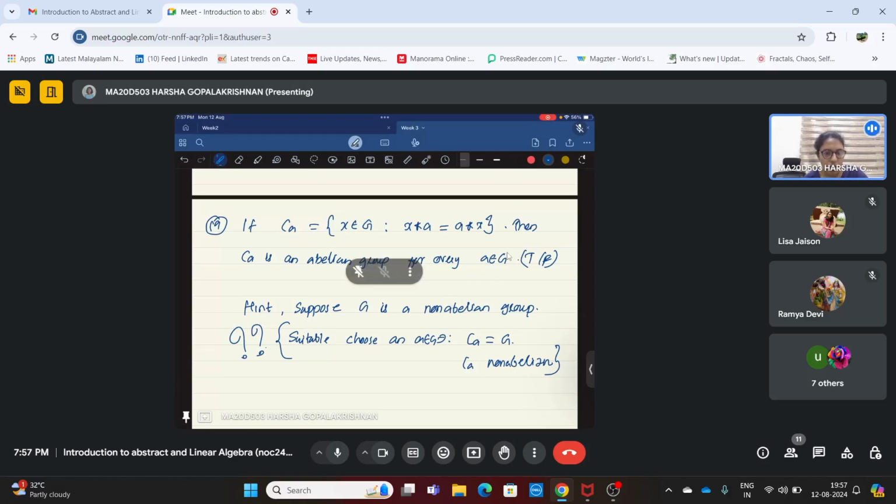Or if it is not possible, obviously it is going to be true. So start with G, a non-abelian group, and consider this case and verify this. I am not going into more details. This is homework, and if you are able to do this, you can solve one question in the assignment also.